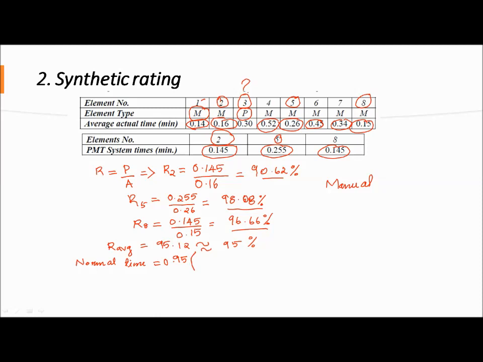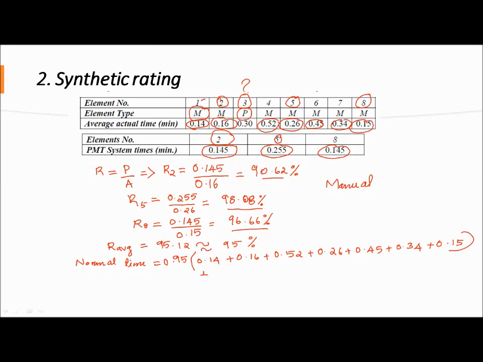So you will have to sum up the time for the manual elements like 0.14, 0.16, 0.52, 0.26, 0.45, 0.34 and 0.15.